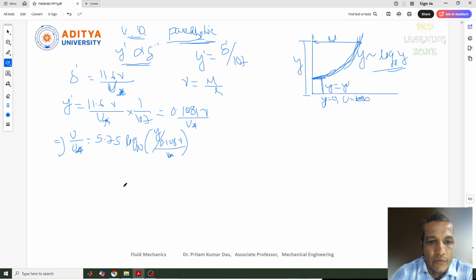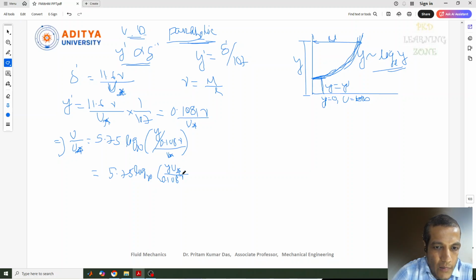Now if you see this u star, you can take it to the numerator and we can write again 5.75 log 10 of u star y, and in the denominator 0.108 nu, bracket close.